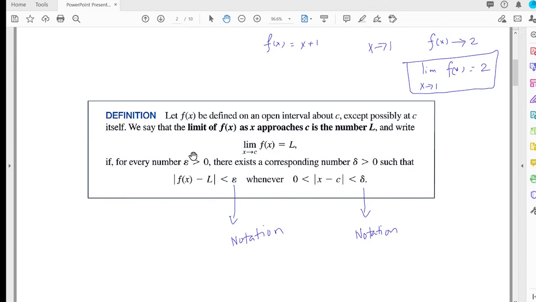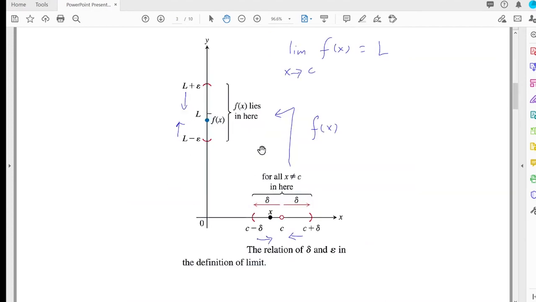But if we can find it which satisfies this situation, no matter what we pick, then L is called the limit of the function f of x when x approaches c. That is the precise definition of limit.